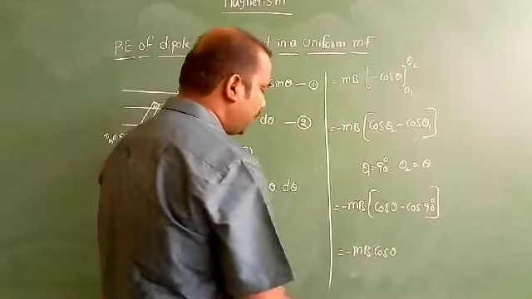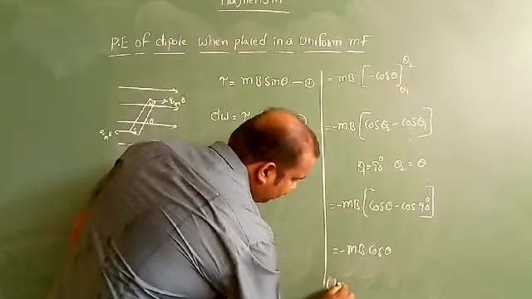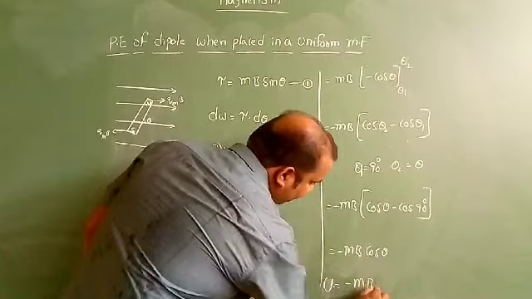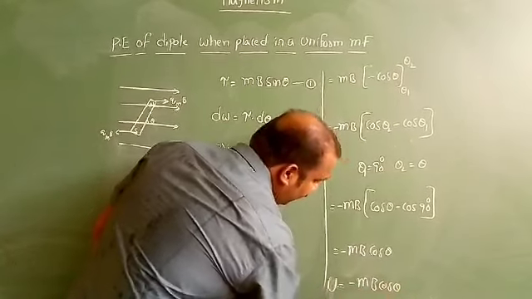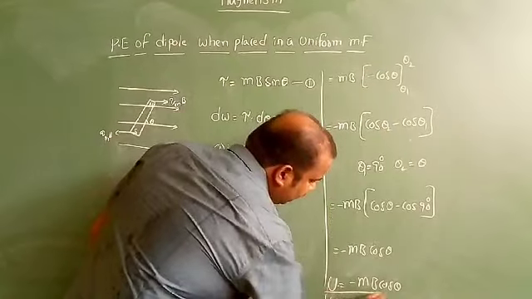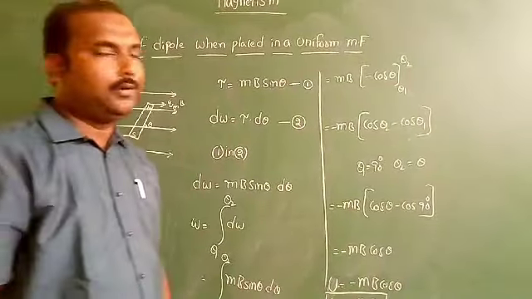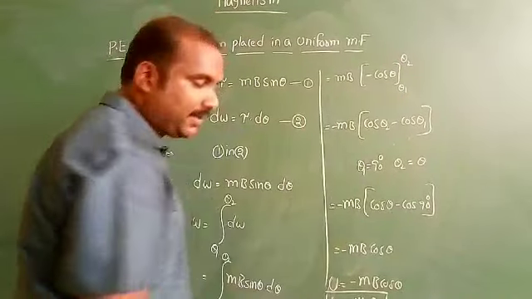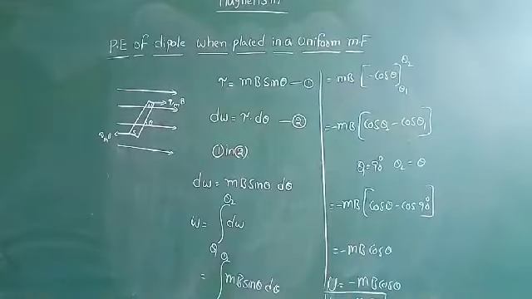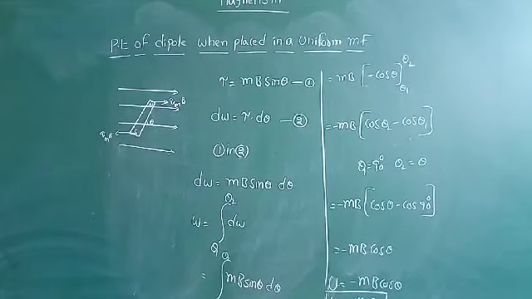This way you can call it the potential energy. So the potential energy I can represent as U is equal to minus mB cos theta, or U is equal to minus m dot B. This is the potential energy of the dipole. Where is the potential energy maximum and where is it minimum?